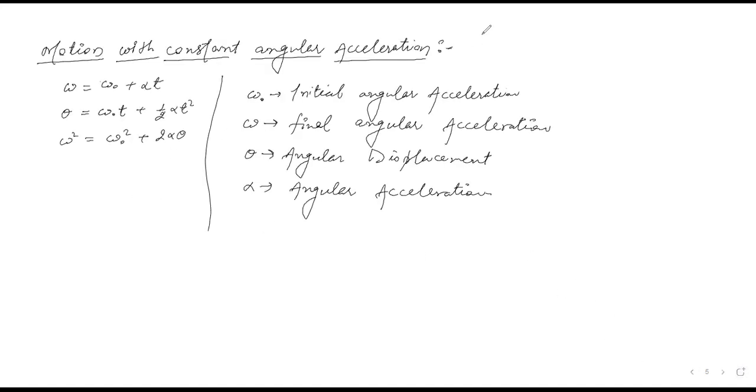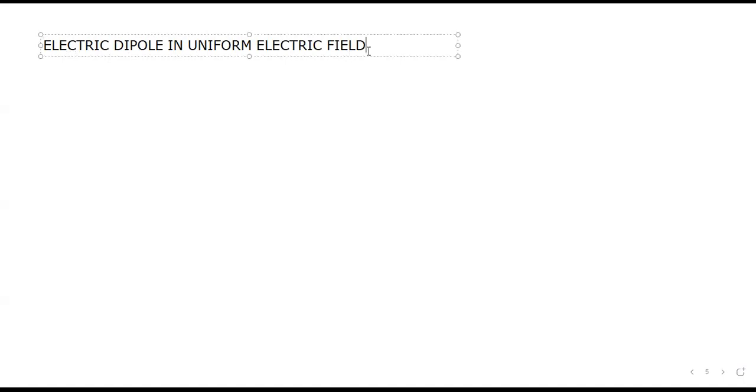Now, our next point is electric dipole in uniform electric field. When an electric dipole is placed in a uniform electric field, first of all, we are going to draw the uniform electric field here.